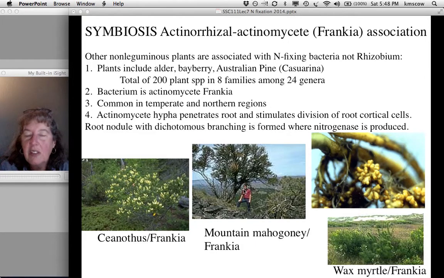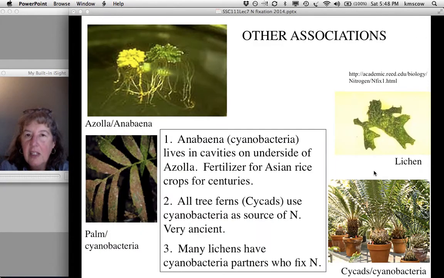Some of these are classic California shrubby plants, these bushes that grow around. Common more in temperate northern regions. And it's very similar to how rhizobia works. The hyphae in this case penetrate the root and lead to the formation of a nodule where nitrogen is fixed, and that's shown here. These are visible to the eye.